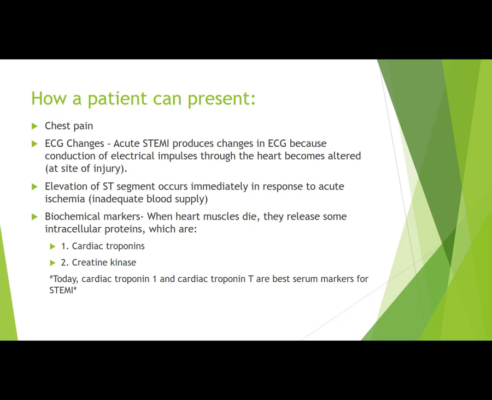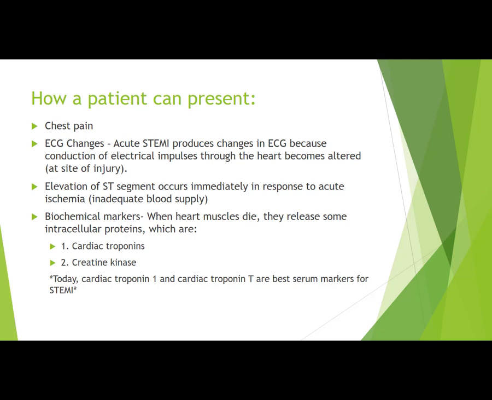So there's an infarct basically occurring in the heart's myocardium, and elevation of the ST segment occurs immediately in response to acute ischemia. So when you see that ST elevation, it's due to an inadequate blood supply to a specific area of the heart. So that's a way we can also think about how a patient can present.